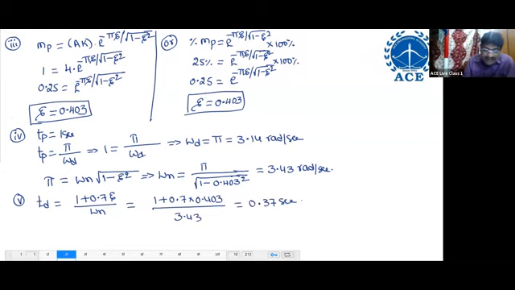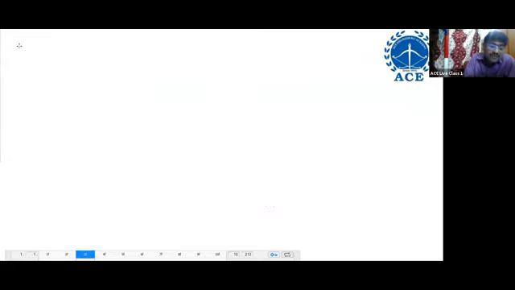Next, find rise time, TR. Pi minus cos inverse zeta, by omega d. Pi minus cos inverse zeta by omega d.